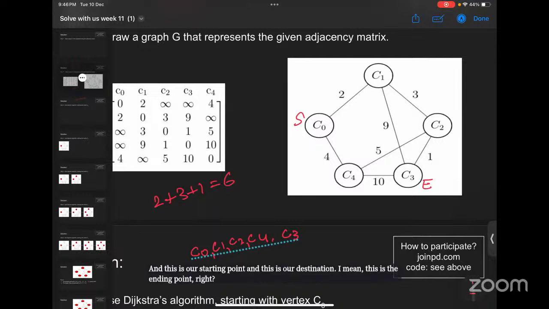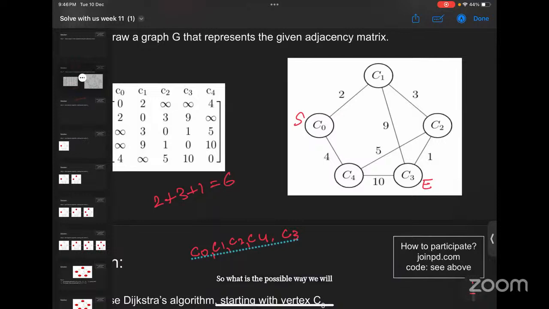So what is the possible way we will check? So we can go through this and this. Then we can not choose this because we want C3 to be the end point, right? So then this and then this. Okay. So this is one possible way. That means this one, which you have told me.